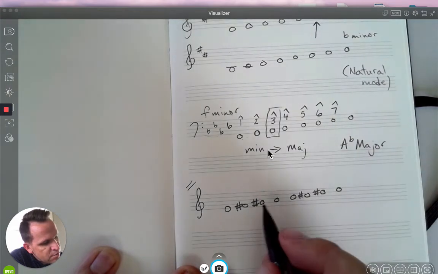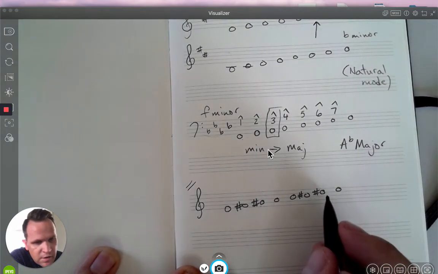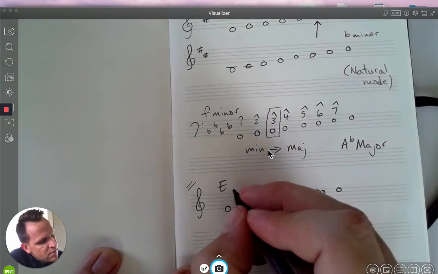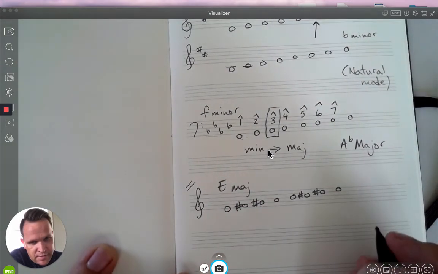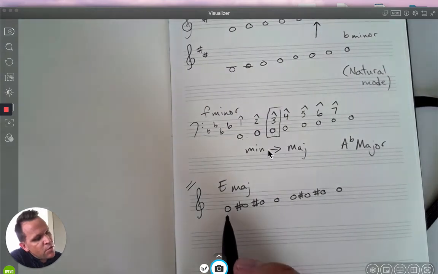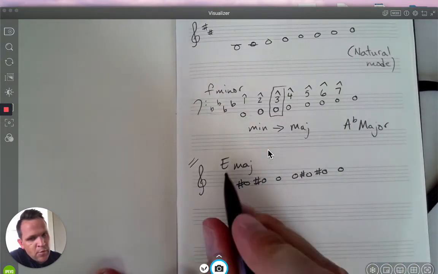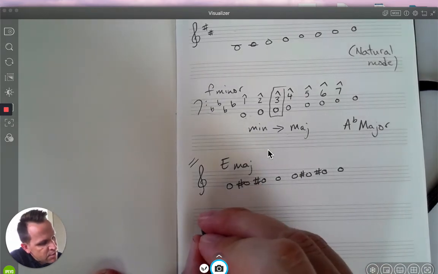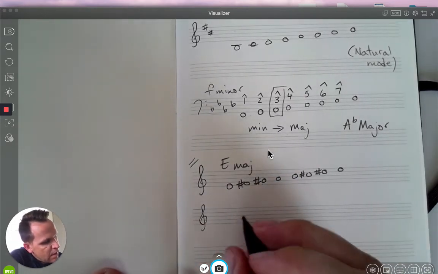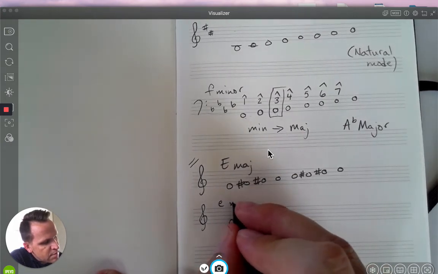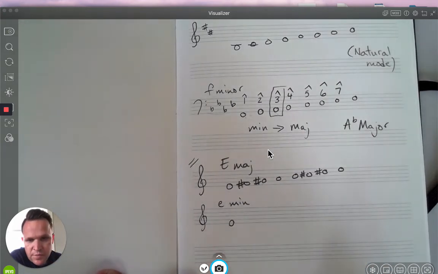We have F sharp, C sharp, G sharp, and D sharp. And I want to find the parallel key to E major. So in that case, I'm going to have the same tonic or starting pitch, and it's going to be E minor is the parallel.